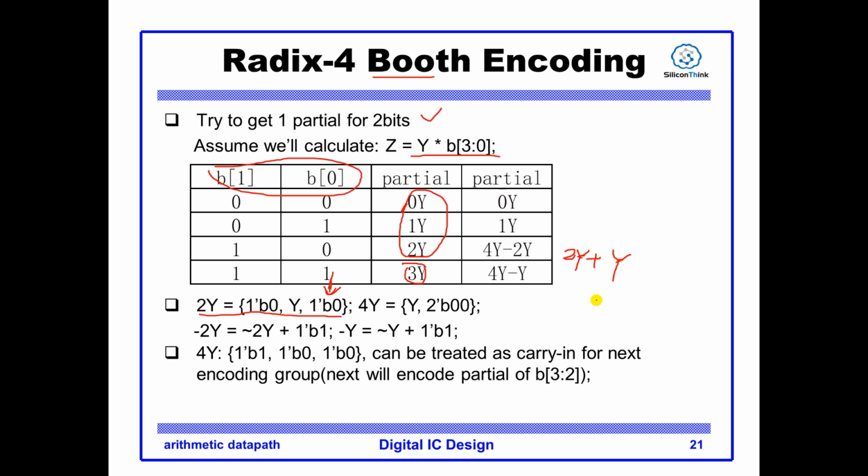The guy is smart enough. He changed the form to this form. They change 3 times y to 4 times y minus 1 times y. Minus y is easy to get.